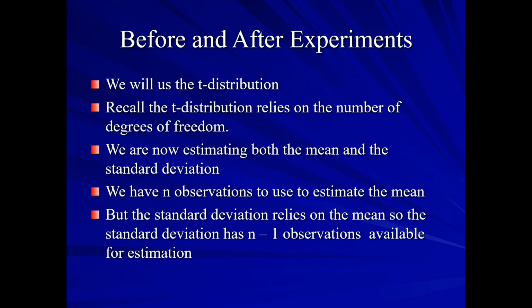Now recall the t-distribution relies on the number of degrees of freedom. We want to estimate both the mean and the standard deviation, right? Because we don't have the population standard deviation here. We've only got this sample. We do have n observations to use to estimate this mean, but the standard deviation, recall, relies on the mean, so the standard deviation has n minus 1 observations available for this estimation.